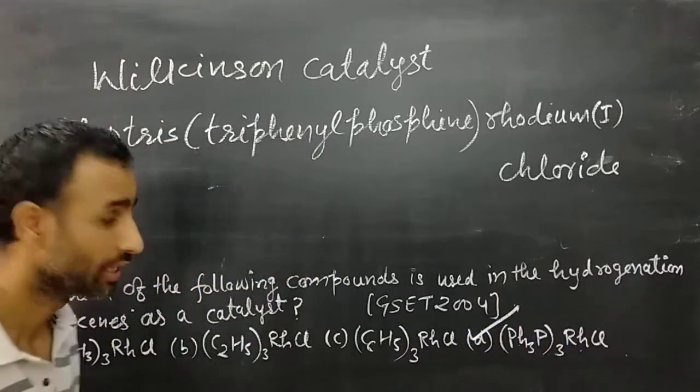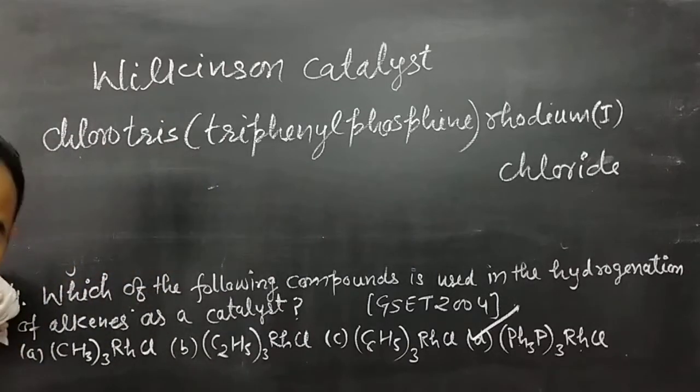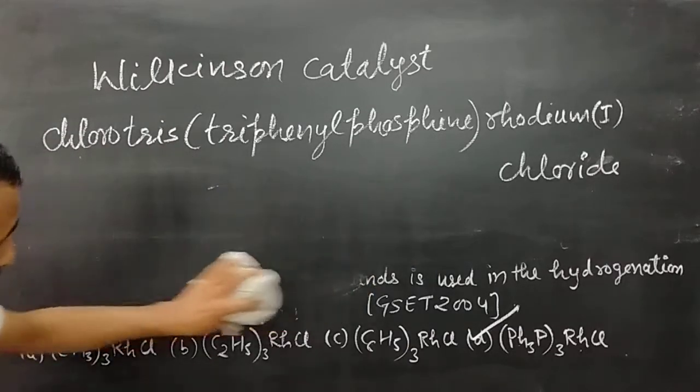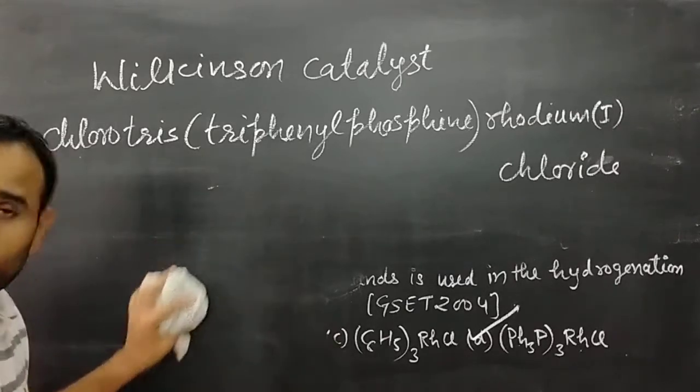So that means option D is correct. Done. So these are the first four questions from D and F block elements.